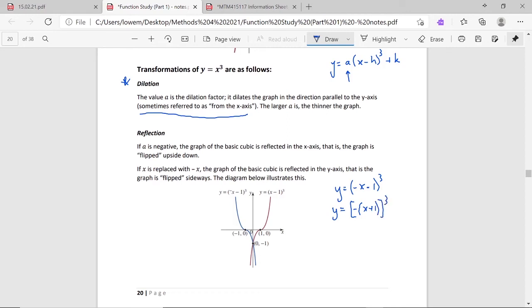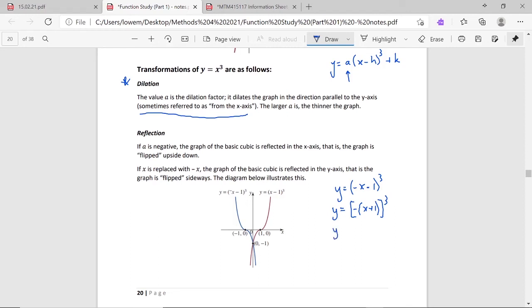Hopefully you can see that this second equation is equivalent to the first one. We've taken out the negative 1 as a factor, but everything inside is still raised to the power of 3. Now we can apply that power of 3 to both the negative 1 out the front and also the x plus 1.